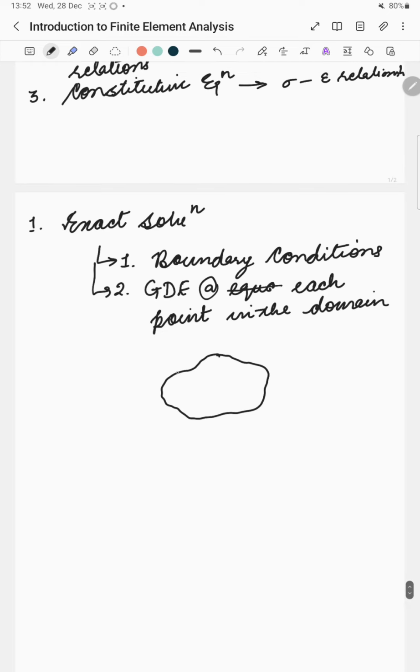Say this is my domain. So each point within this boundary is my domain. So mathematically, these points are in the domain. A and B are in the domain.